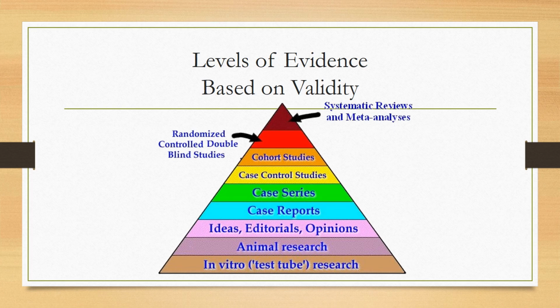But it is a centralized, randomized, controlled study. It's interesting, but you'll see it in the folder if you want to take a look at it. The next one is the cohort study, then the case control studies, case series, case reports, ideas, editorials, opinions, animal research, and finally in vitro or test tube research.